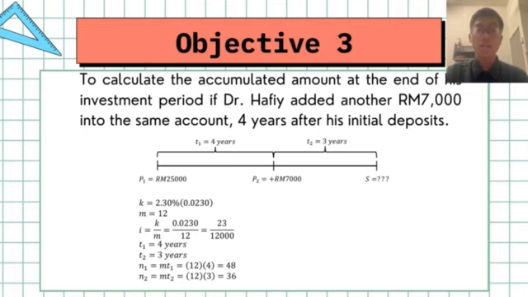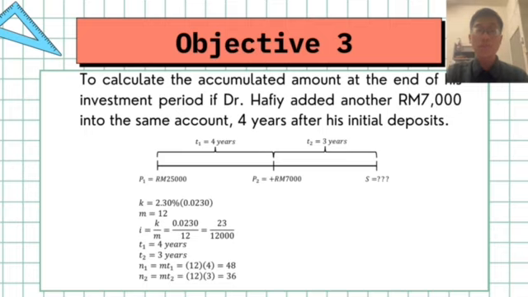K equal to 2.30%, change to decimal 0.0230. M equal to 12. To find I, we must use K over M. Remember to use decimal for K. 0.0230 over 12 equal 23 over 12,000.